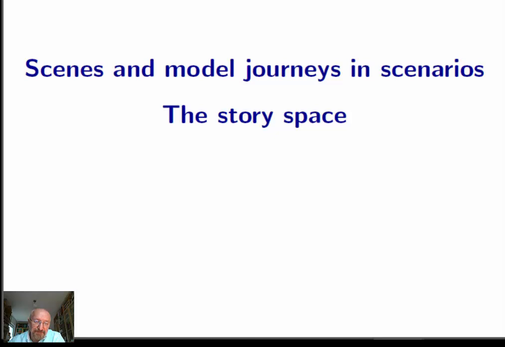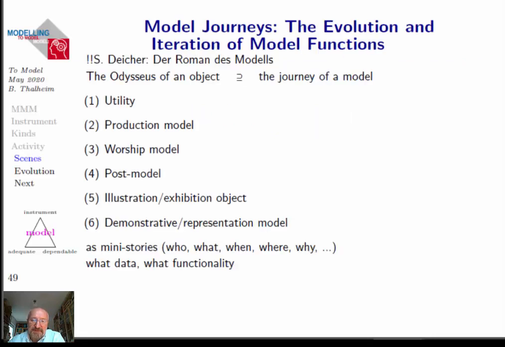A typical case is, for instance, our development in the database area. We start with a model that is supporting construction of databases. We use this model for support of evolution, and we use this model later for documentation, whatever has been implemented. That means we have already 3 different functions we have been using for our models. That means in this case we have some kind of model journey.